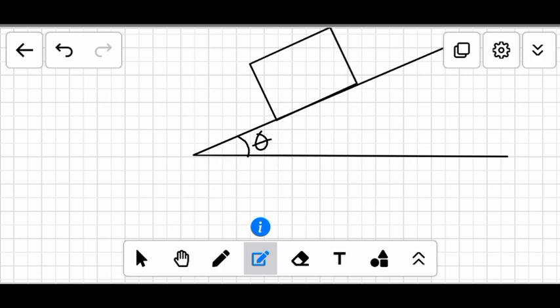So now let's look at these objects placed on the inclined plane.